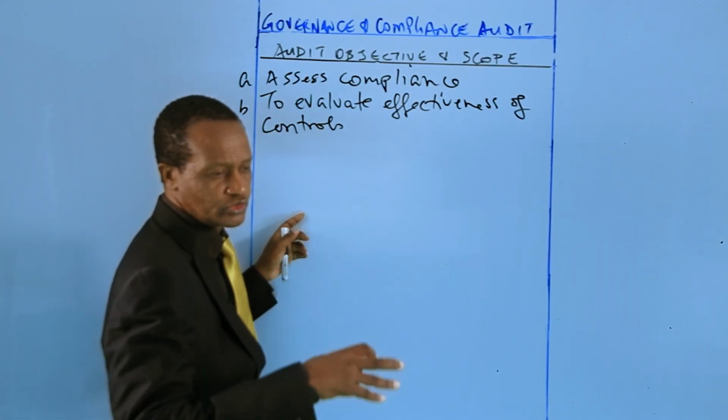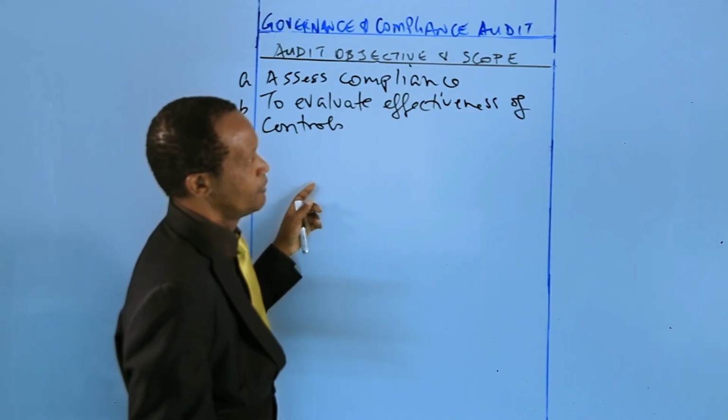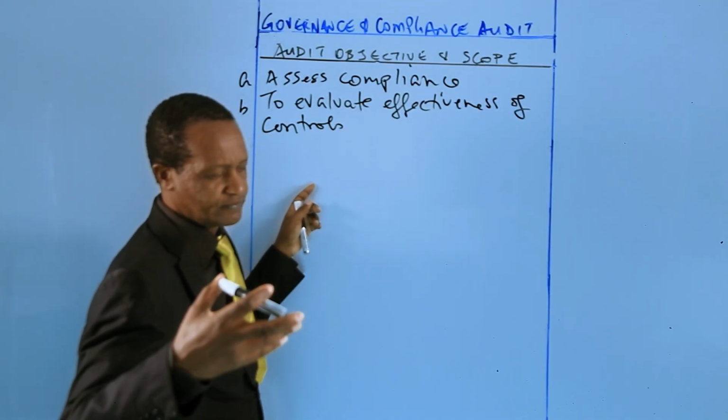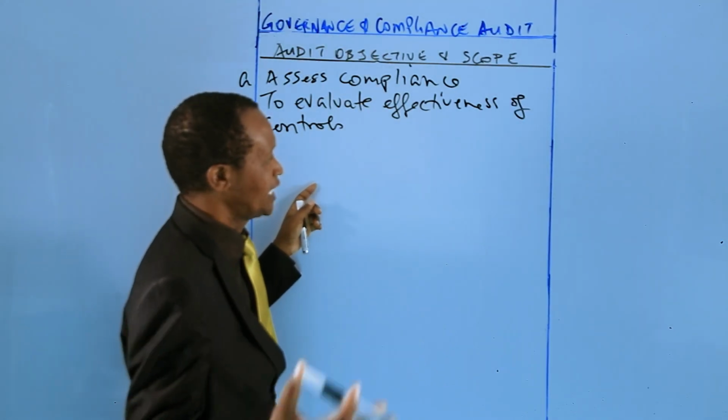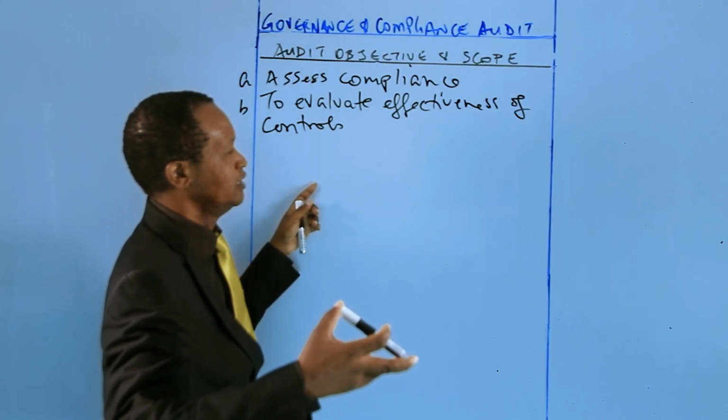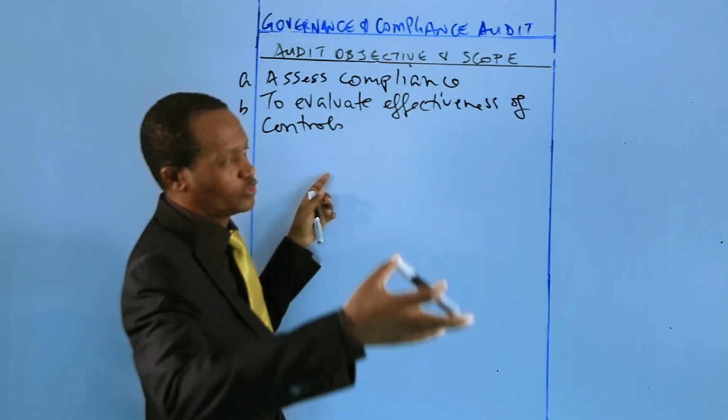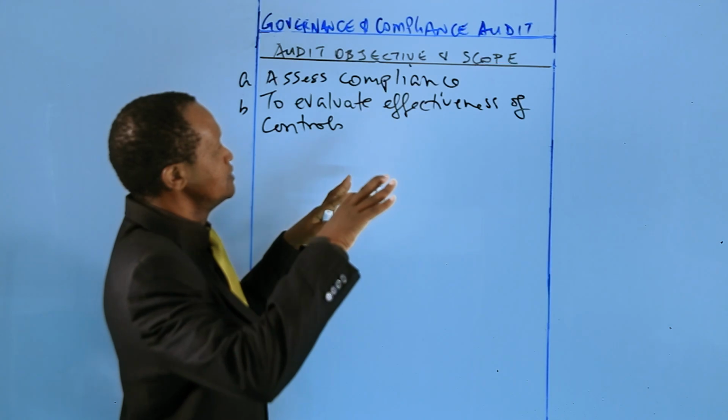It could be controls over the assets, controls over sales, controls over cash, controls over accounts receivable, controls over accounts payable.